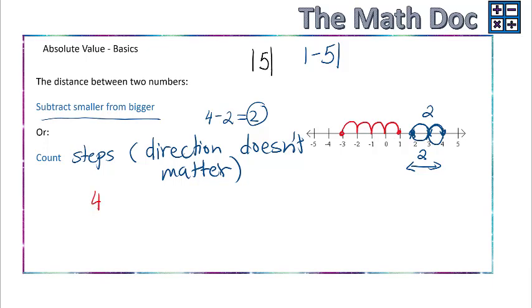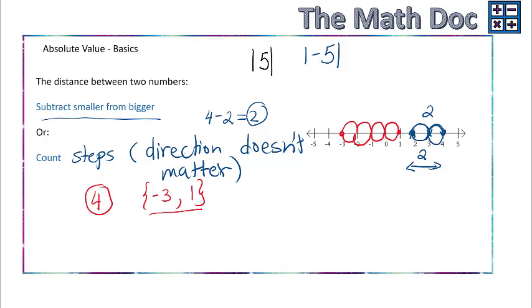Let's also count the other direction. 1 to 0, that's 1. To -1, it's 2. To -2, it's 3. And to -3, it's 4. So basically the number of steps is 4. We're looking at the distance between -3 and 1, and this is how we can write that combination.